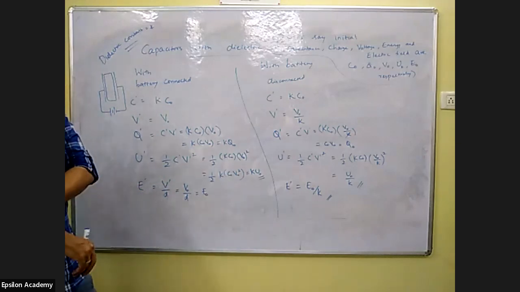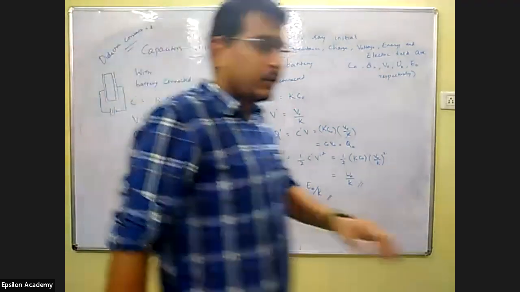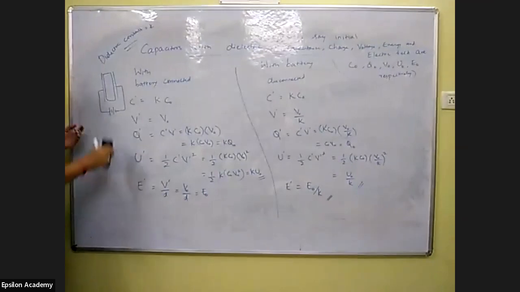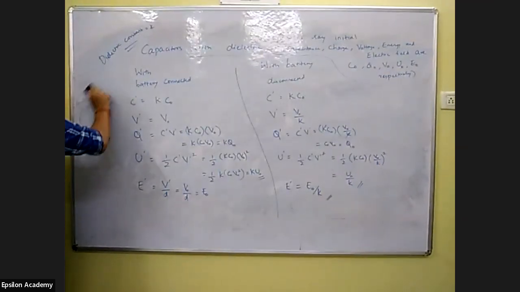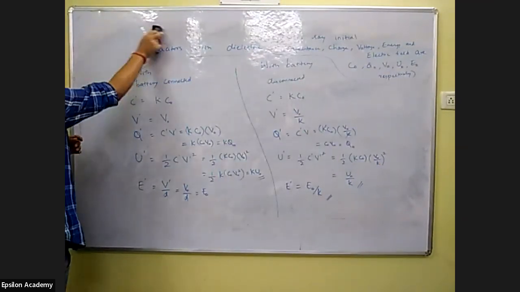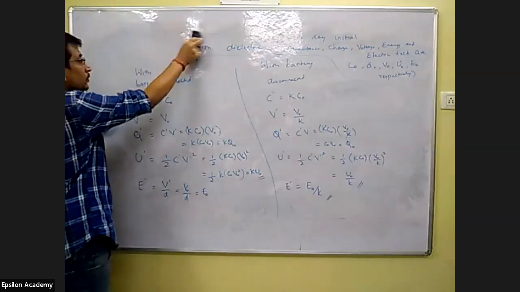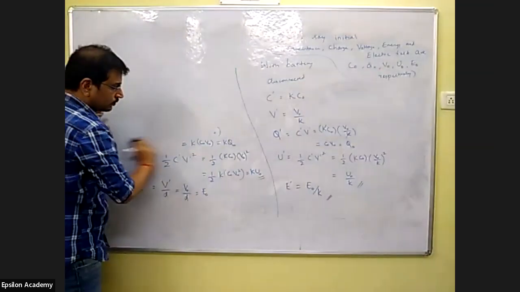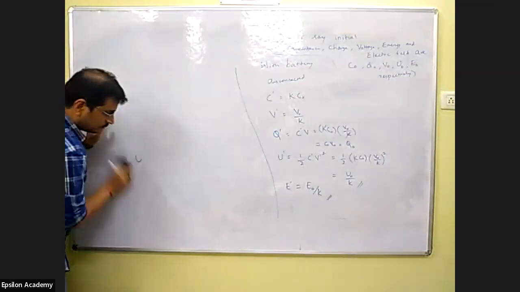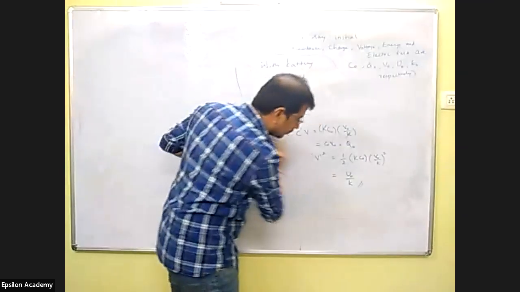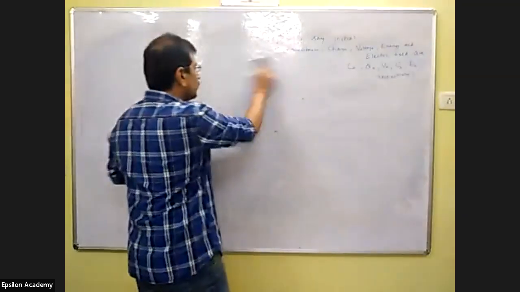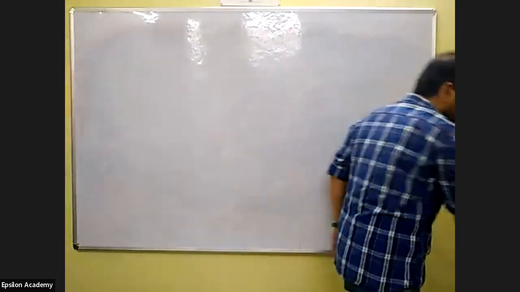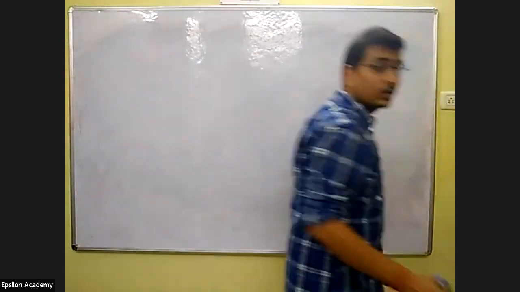Shall I proceed? Done? Okay, we solve the problem 2.9. It's very simple now. What is the 2.9?